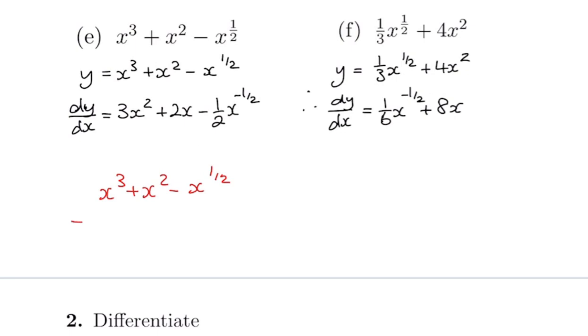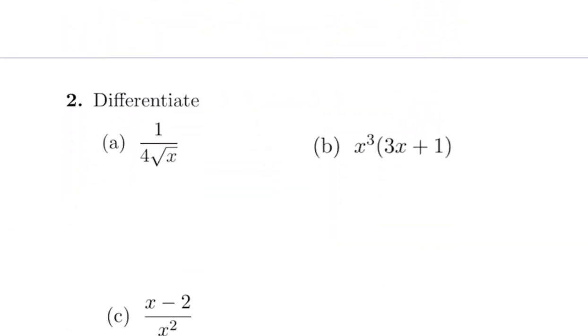I didn't just put equals 3x squared plus 2x minus a half x to the negative a half, because it doesn't. We've got to be very careful in maths when we're writing things down, so that's actually not true. So we've got to make sure that everything we write down is true.